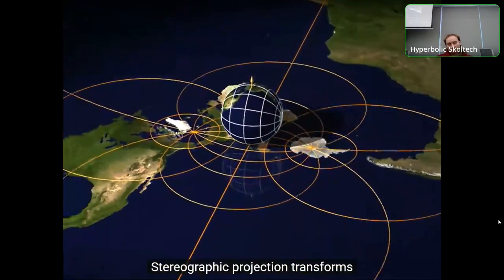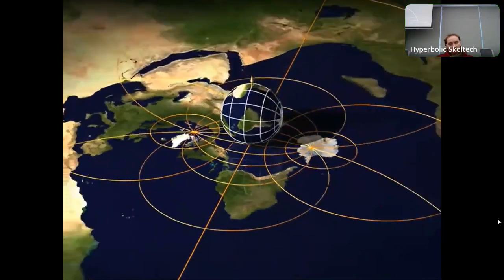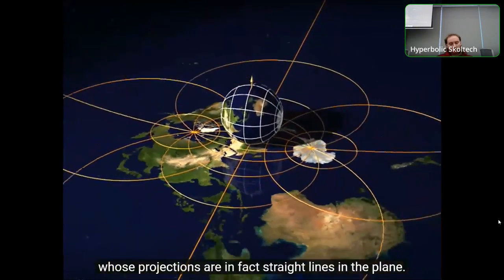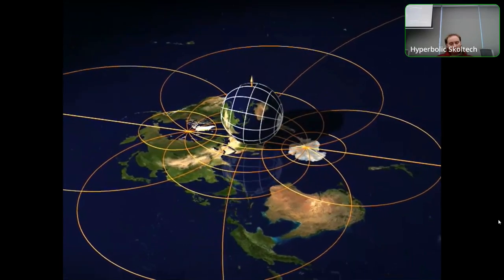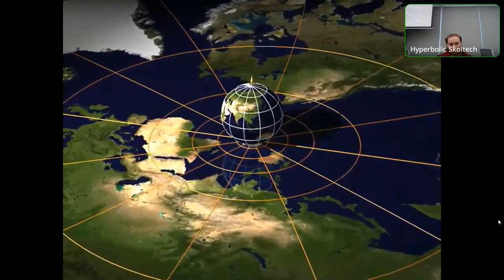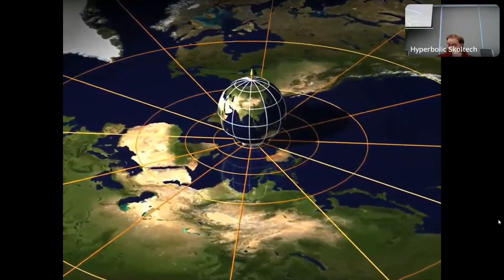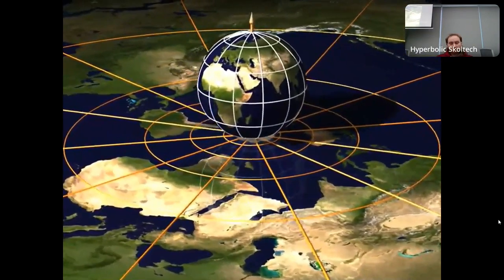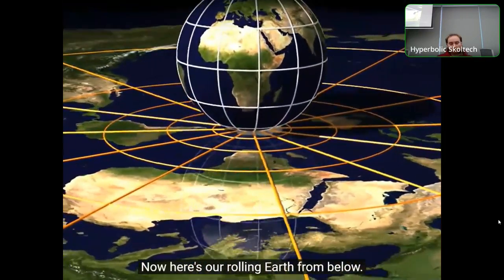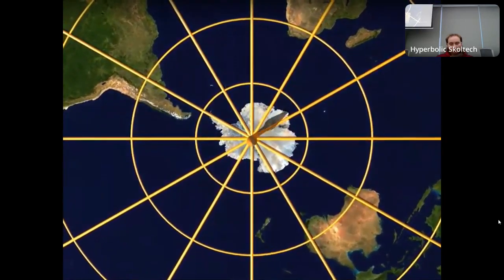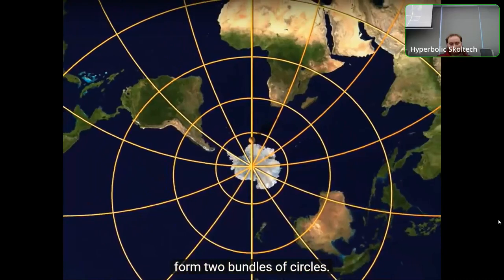Stereographic projection transforms circles drawn on the sphere to circles drawn on the plane. Except for those circles passing through the pole from which we project, whose projections are in fact straight lines on the plane. From this point of view, we see the meridians and parallels form two bundles of circles.